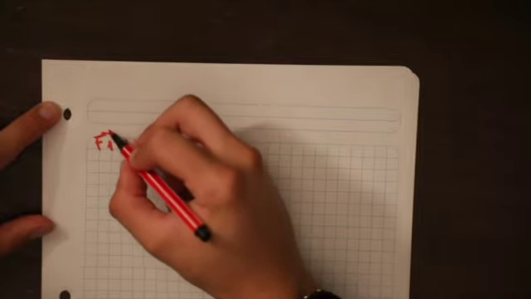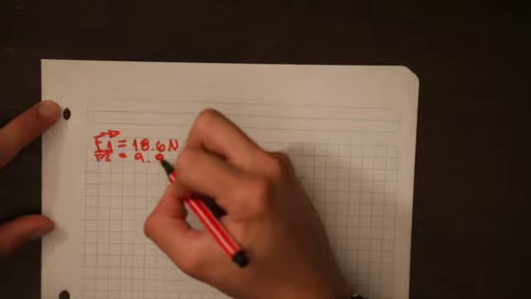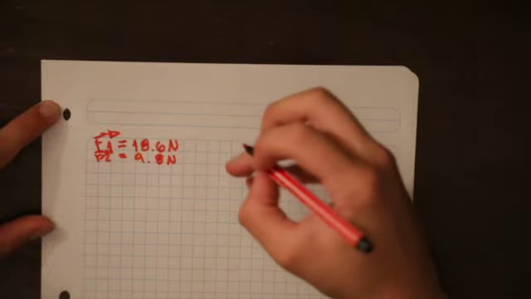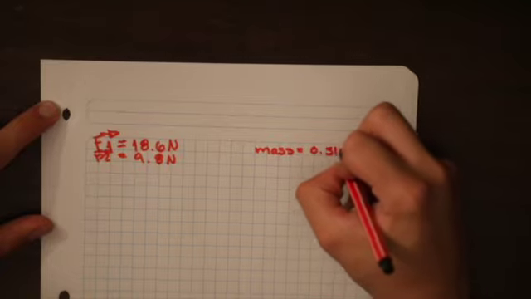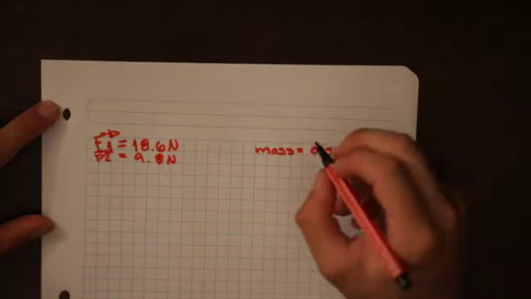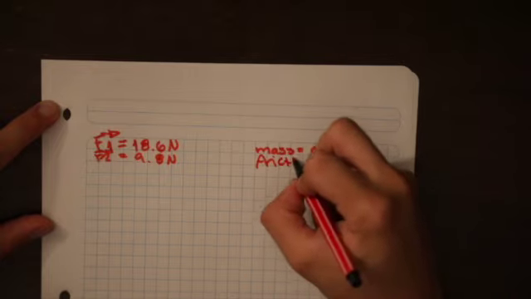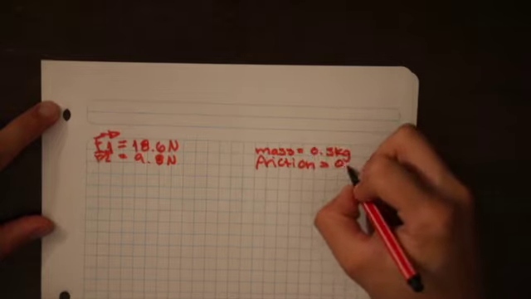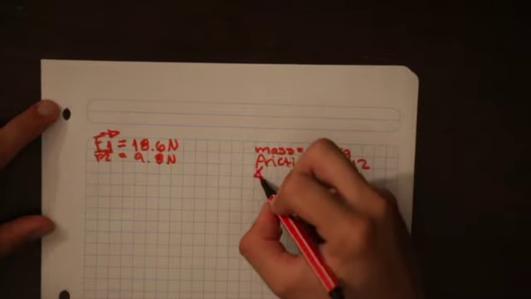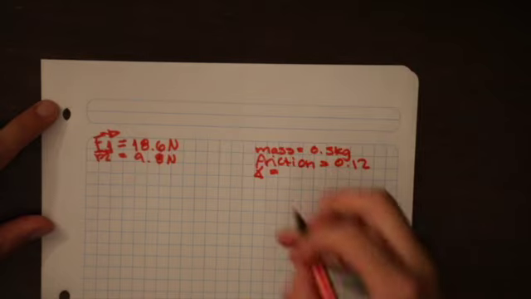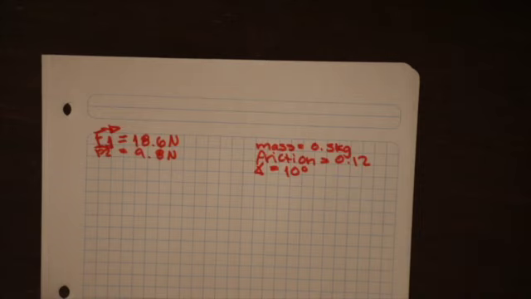F1, we have this one, F2 is gonna be 9.8 newtons, the mass of 0.5 kilograms, the friction 0.12 because it's the same surface, so that doesn't change. And this time the angle is gonna be a bit different, so now we're gonna have an angle of 10 degrees. It's not gonna be 20 as before.